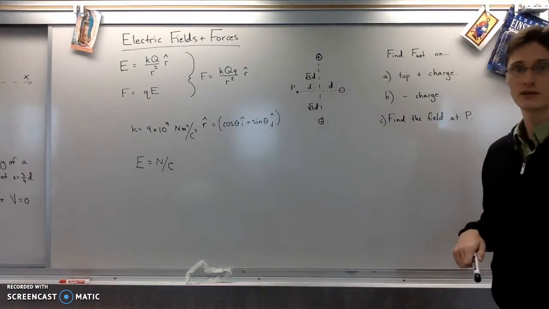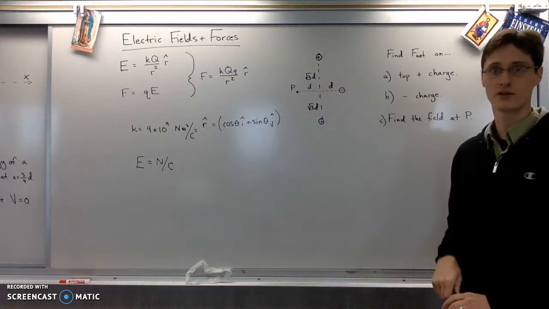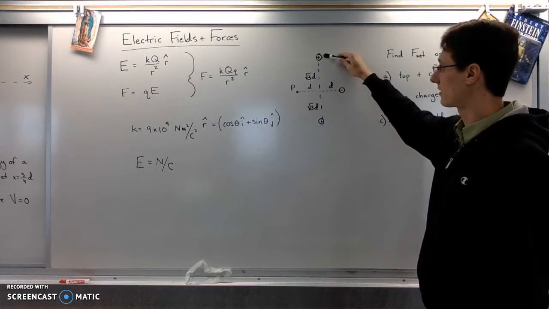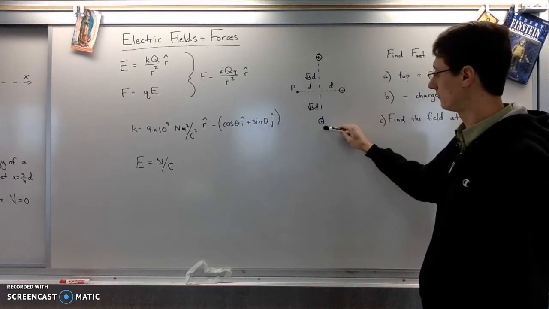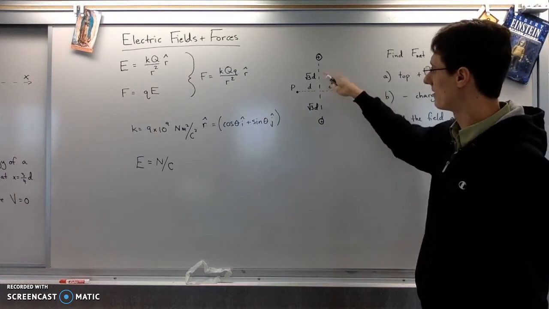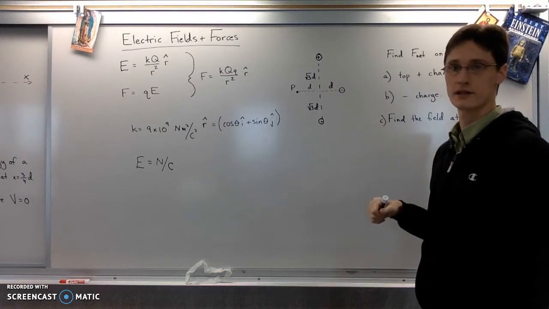Okay, I wanted to do an example question here with this setup here. So hopefully this displays okay on the internet, but we've got a plus Q up here, plus Q down there, a minus Q over here. This distance I'm calling root 3D. What is D?